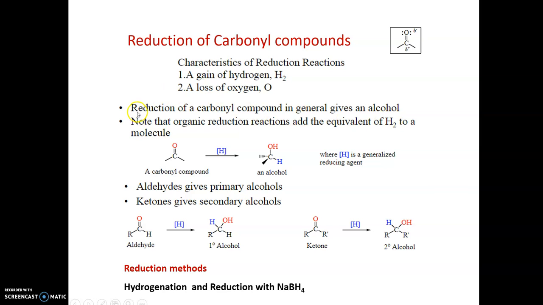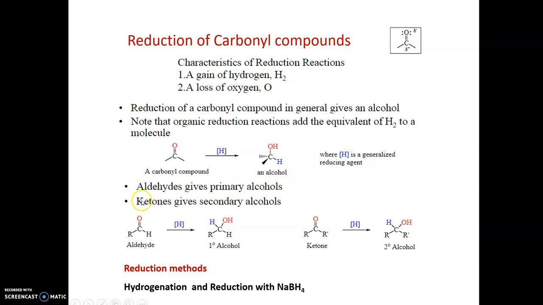As I said, a reduction involves the addition of hydrogen across the molecule. So a carbonyl compound, upon reduction with any reducing agent, gives an alcohol. There is an addition of hydrogen across the double bond to give the corresponding product, the alcohol.